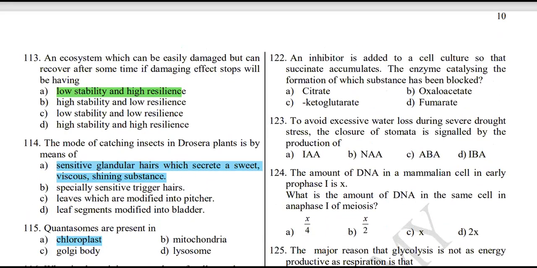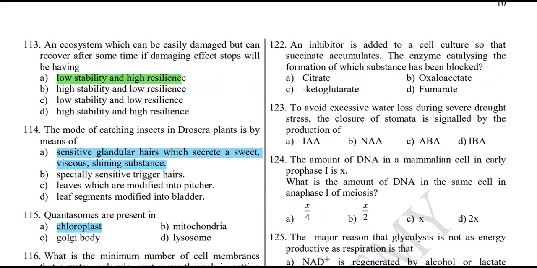An inhibitor, suppose there's going to be succinate. Where do you see succinate? You will see succinate in the Krebs cycle. So succinate is the one which gives rise to fumarate. Suppose an inhibitor is added and succinate is present, but what exactly happened? The enzyme which catalyzes the formation of which substance has been blocked? There's going to be one enzyme which would convert succinate into fumarate.